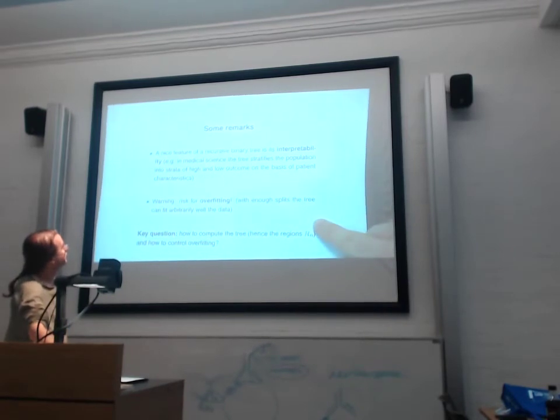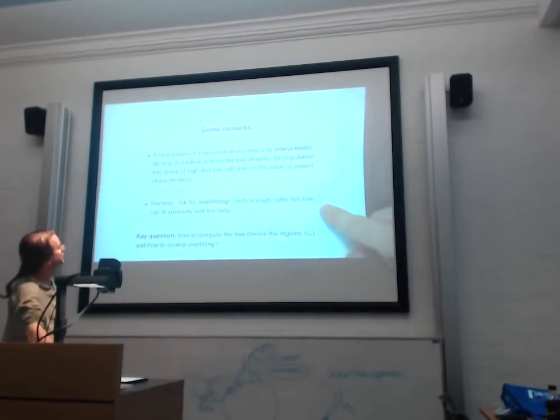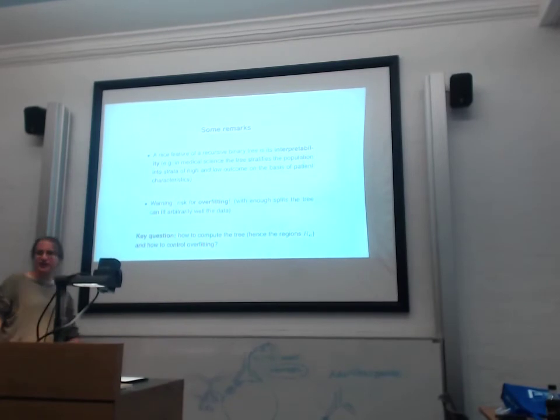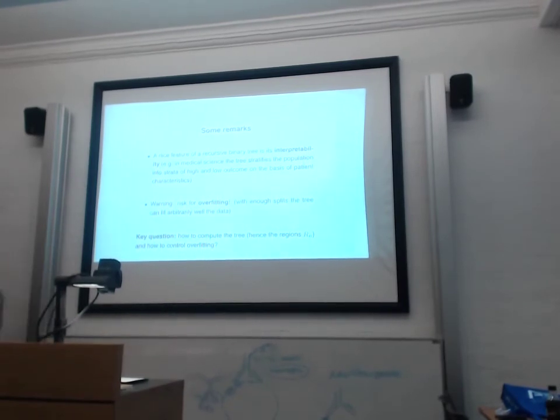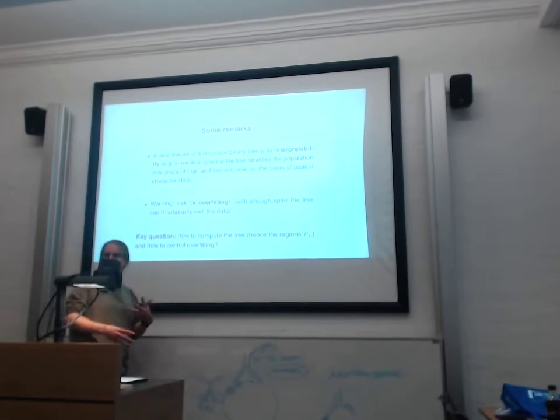So one reason people often like decision trees is that, unlike perhaps a linear combination of Gaussians or a neural network, depending on what your data looks like, the output of the recursive binary tree is quite easy to interpret.